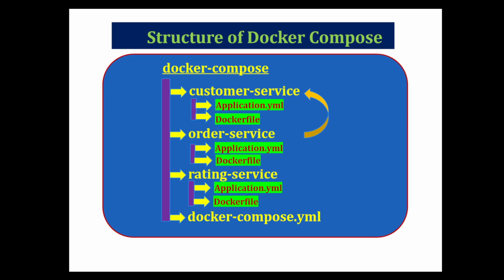The point here is that a Dockerfile is specific to that particular microservice, and Docker Compose is going to refer to that Dockerfile. So the Dockerfile is needed because even though we define the container definition inside Docker Compose, Docker Compose will use that Dockerfile.